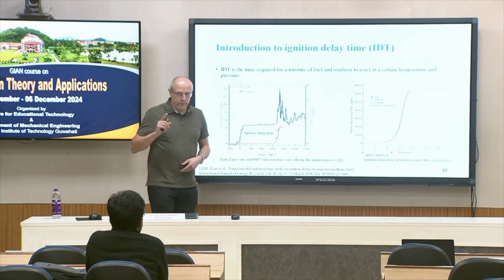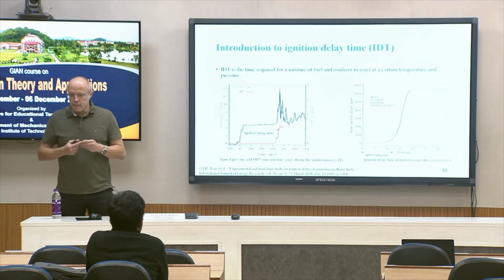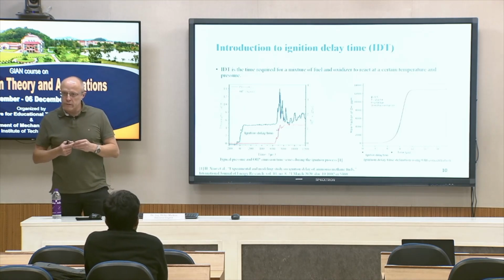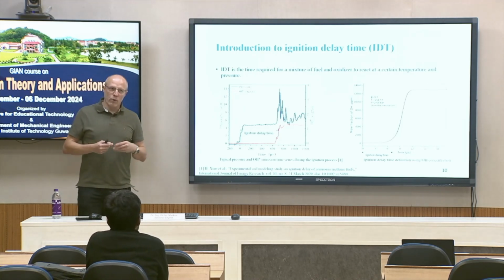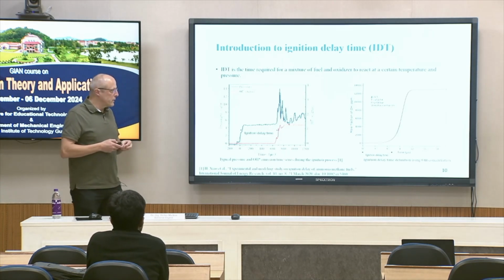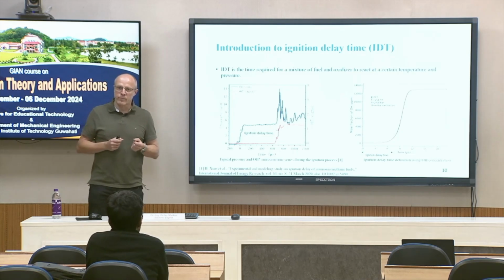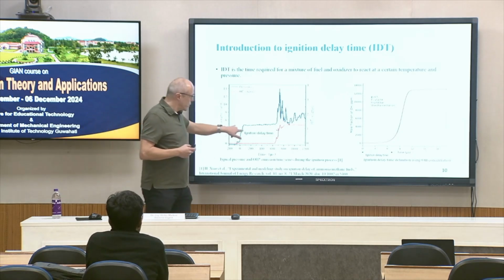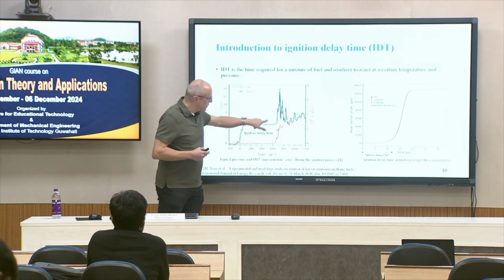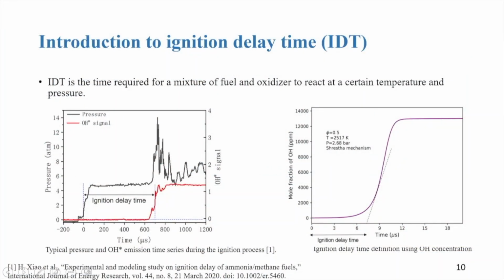And that's the important thing if you want to examine some work in literature, or want to perform similar calculations to see if your mechanism is good enough. You have to use the same criteria for ignition. So you can find literature where they define the ignition delay time using the difference in the pressure signal.